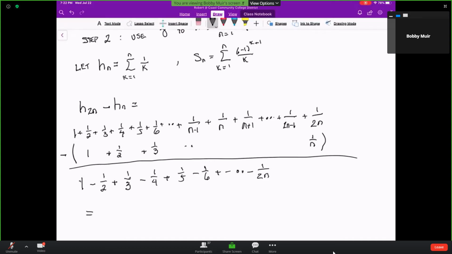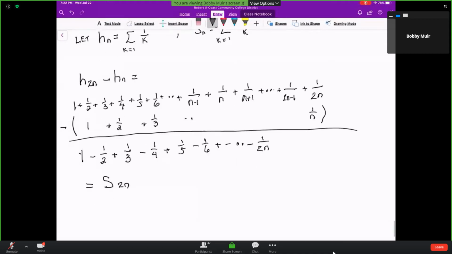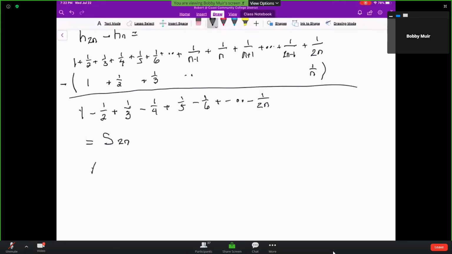And what we see is this is s sub 2n. It's the actual 2nth partial sum of that guy.